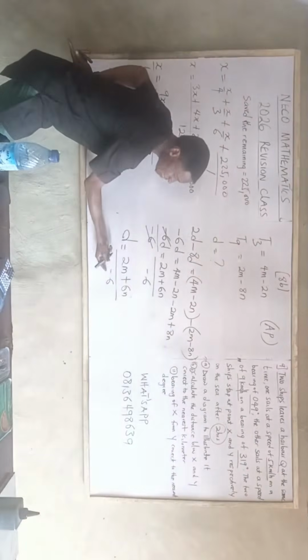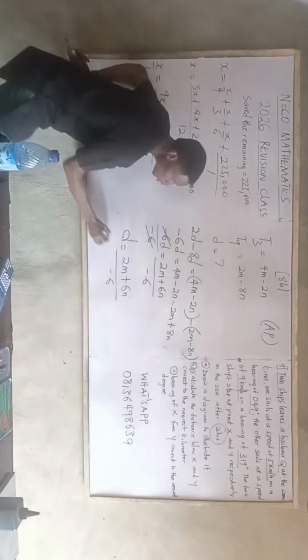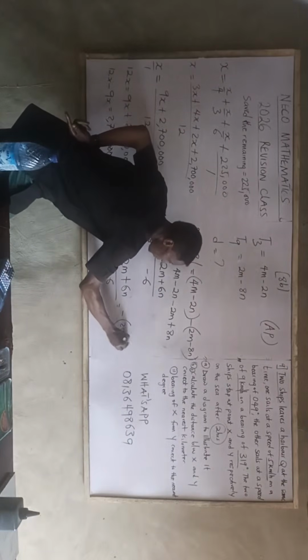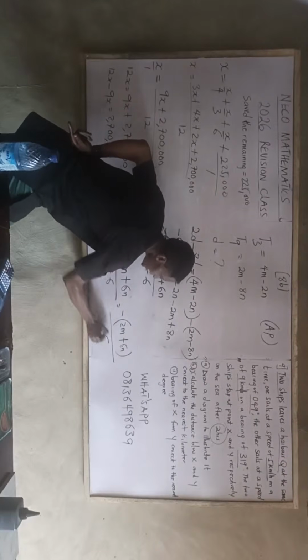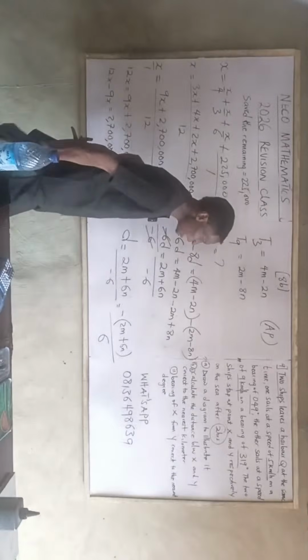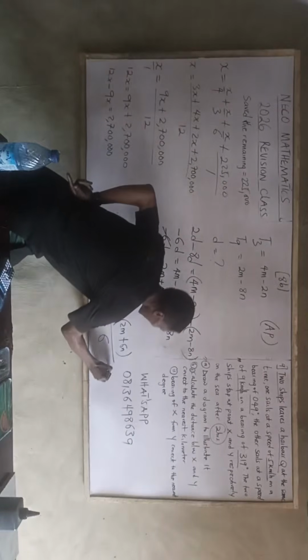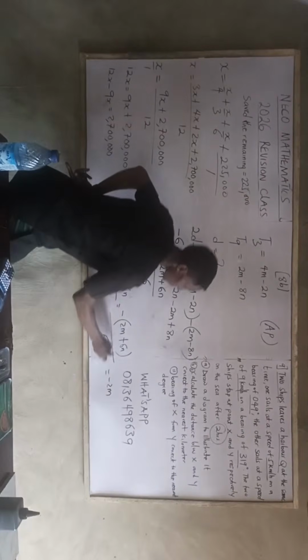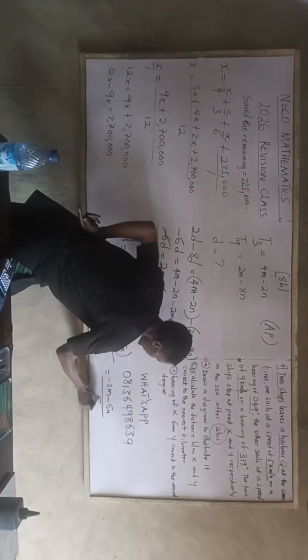Now, some may bring this minus sign upward to become minus open bracket 2m plus 6n, leaving the 6 alone beneath. Let me reopen it. That gives me minus 2m minus 6n over 6.